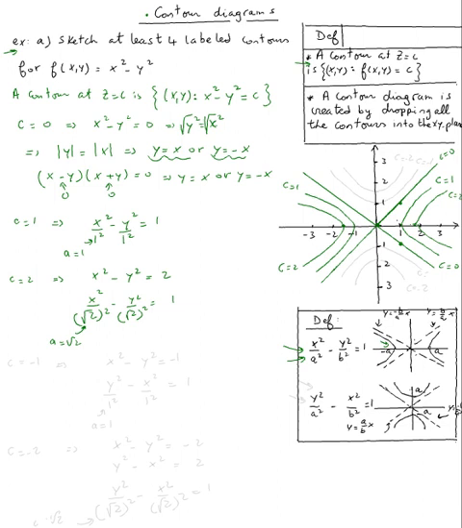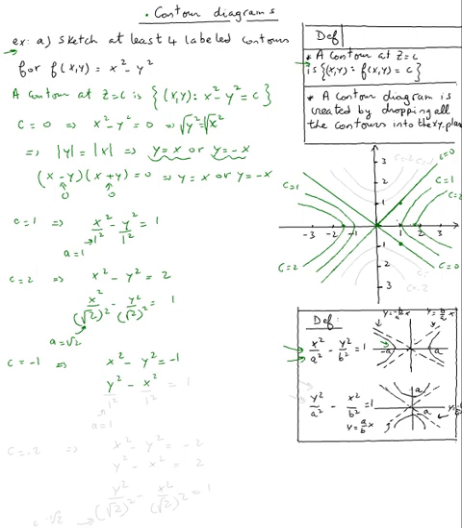Now let's use some negative numbers. What if you have c equal negative 1? This means x squared minus y squared is equal to negative 1. Now here what we do, multiply the left side by negative 1 and the right side by negative 1.